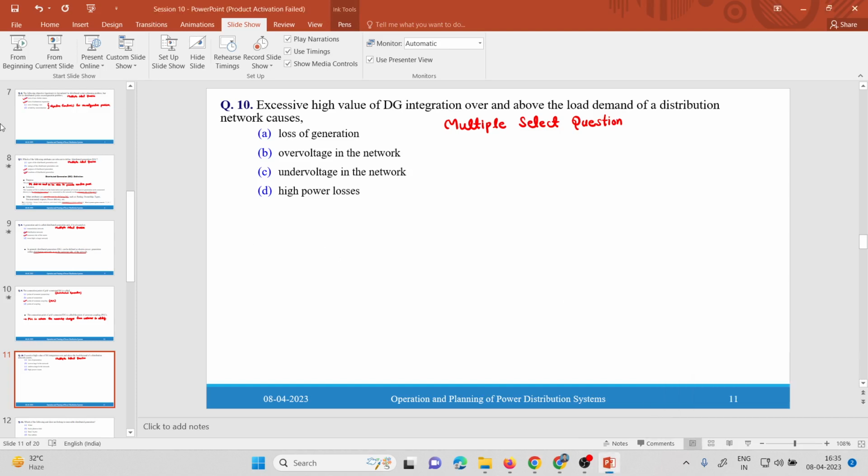So learners, you can type your answer in the chat box. What do you think, if we have excess DG penetration in the distribution network, what will that cause?